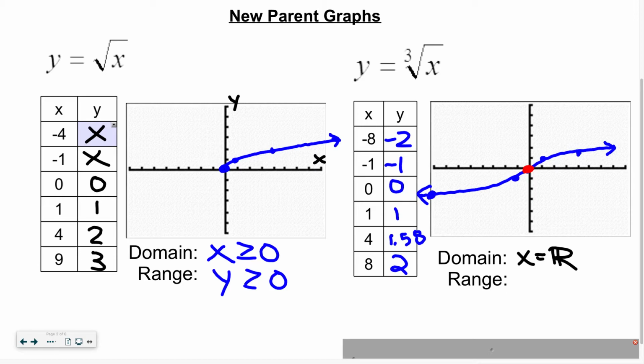It'll take us a really long time. Because if you think about it, when we do the cube root of 1,000, when we go 1,000 tick marks to the right, we're only going to be going up 10. So it takes a long time, but really it would hit all real numbers. There's no number that won't be hit.